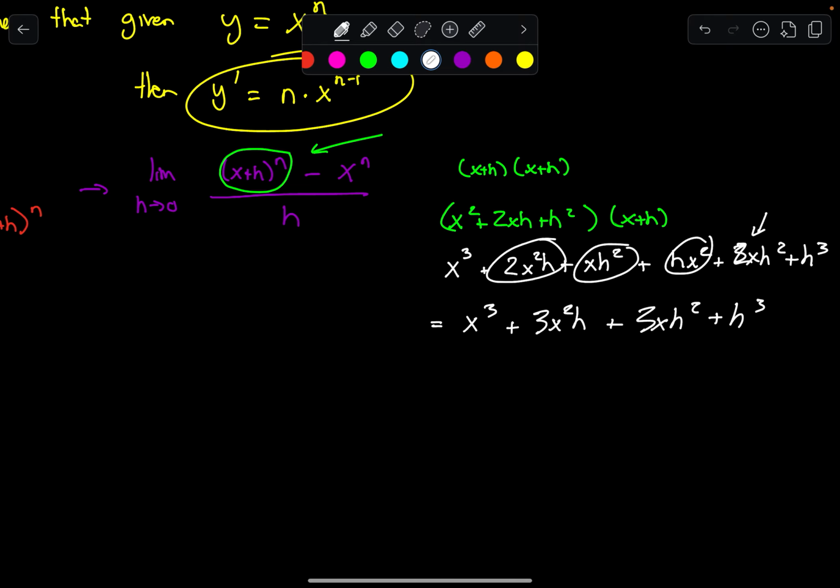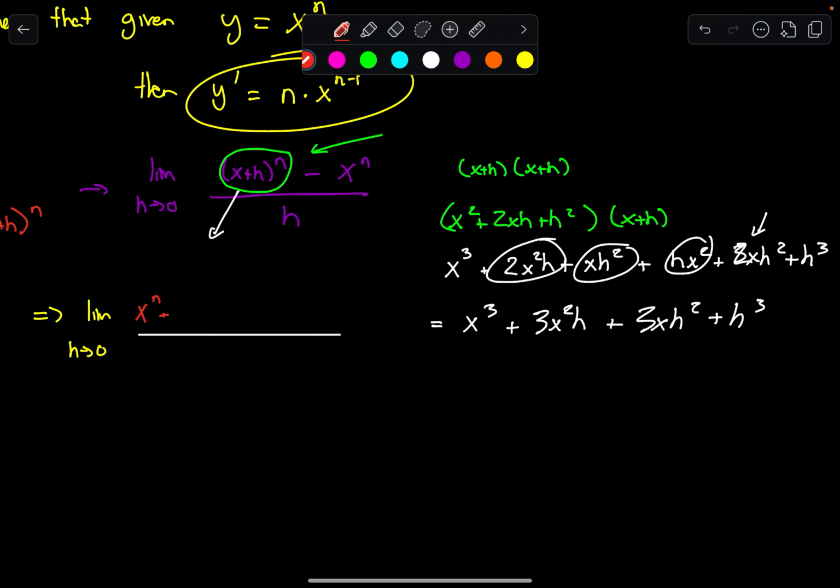And the point of me doing this is that this thing here, in the limit as h approaches 0, if I do this n times, I'm for sure going to have an x to the n term in the front, and then plus a whole bunch of stuff that has h's.